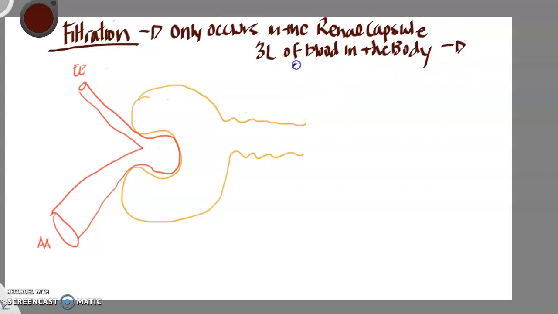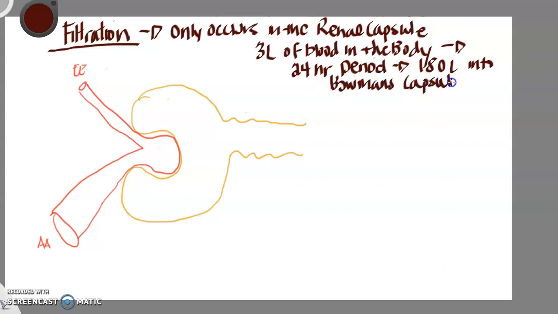So, in a 24-hour period, our bodies filter about 180 liters of blood into Bowman's capsule. Huge. Phenomenal, right?